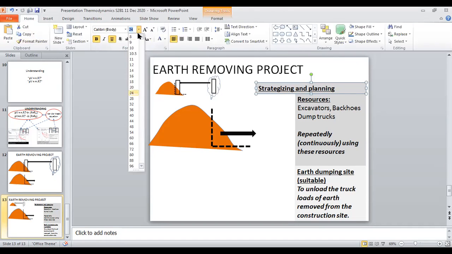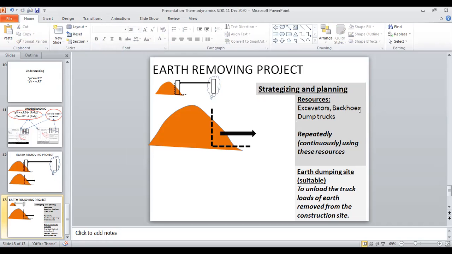You have to strategize the operations. Very important.